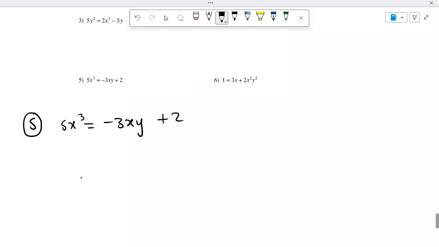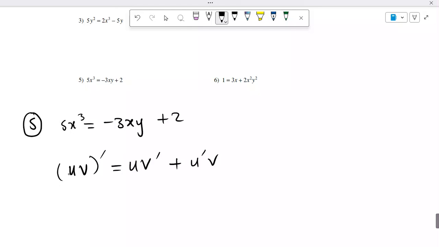The way we find the product rule: if two functions u and v are multiplied and you want to differentiate them, first you keep u constant and differentiate v, then you add, then you differentiate u and keep v constant. So this is the formula.